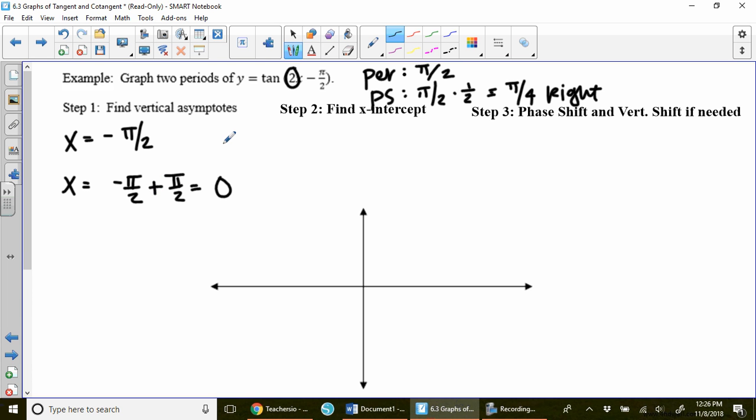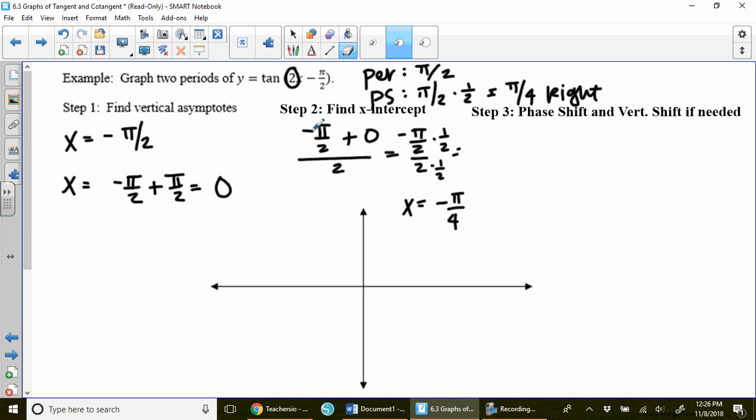I find the x-intercept for my next step, the point in between these two, by adding my vertical asymptotes together and dividing by 2. So negative pi over 2 divided by 2, we want to multiply by a half to get rid of that. So negative pi over 4 is where the tangent graph crosses the x-axis.